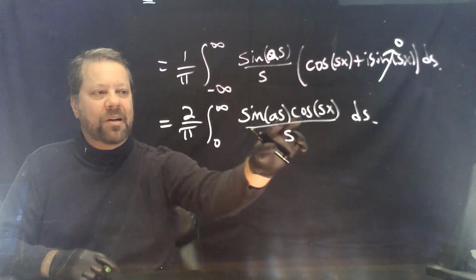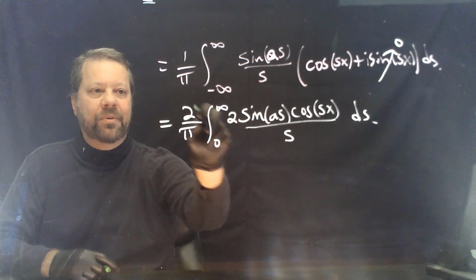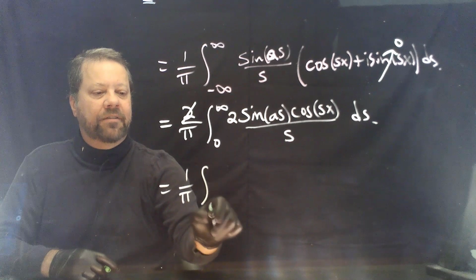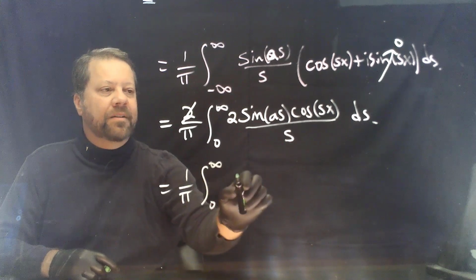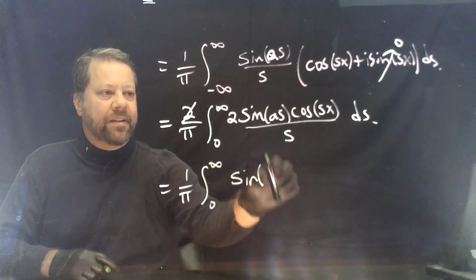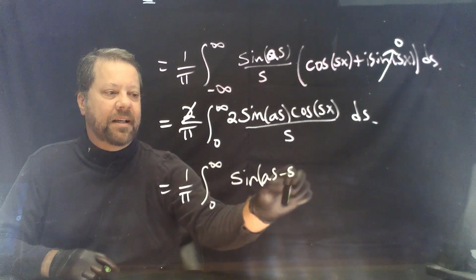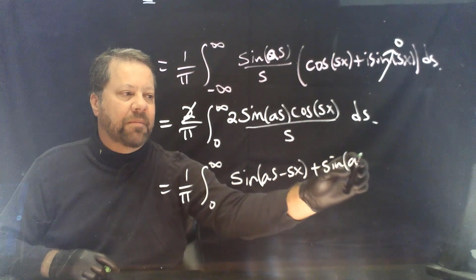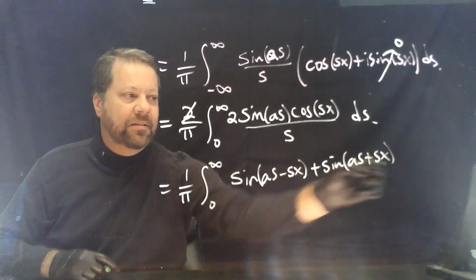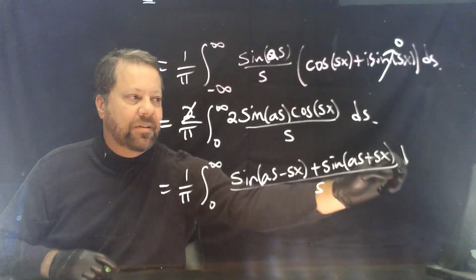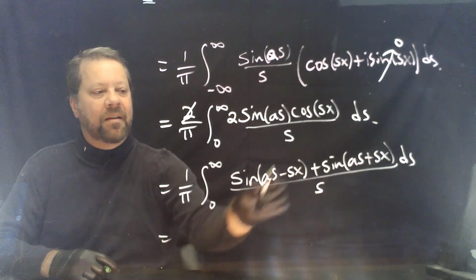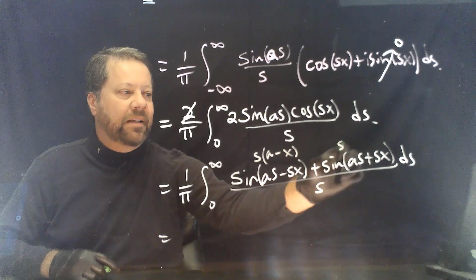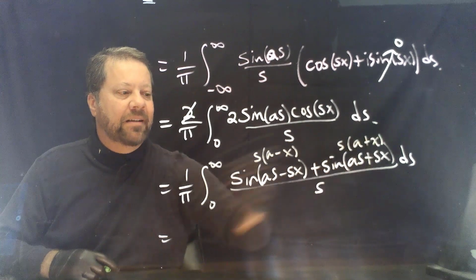We'll apply the product to sum identity now. We'll bring the 2 in here. And we'll have 1 over pi, integral from 0 to infinity. It's going to be the sine of the difference, as minus sx, plus the sine of the sum, as plus sx, still all over s ds. S will factor out. We'll have a minus x here, s times a plus x here.